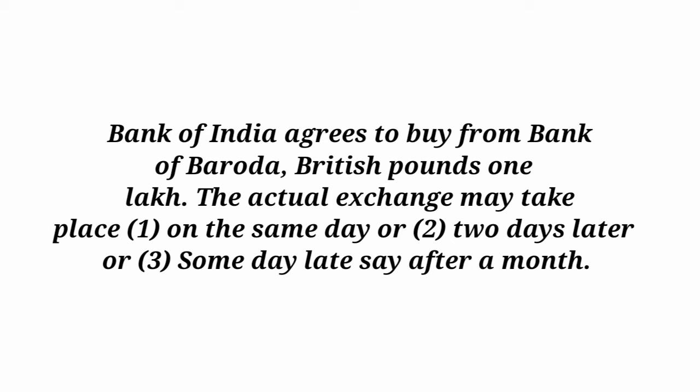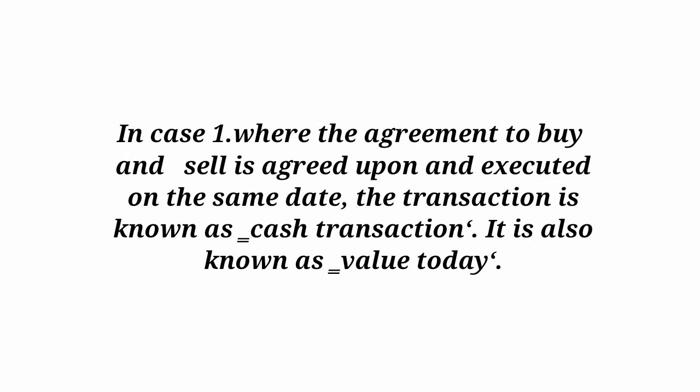The actual exchange may take place on the same day, or two days later, or some days later, say after a month. In case one, where the agreement to buy and sell is agreed upon and executed on the same date, the transaction is known as a cash transaction. It is also known as value today.